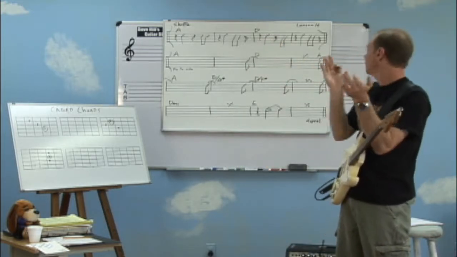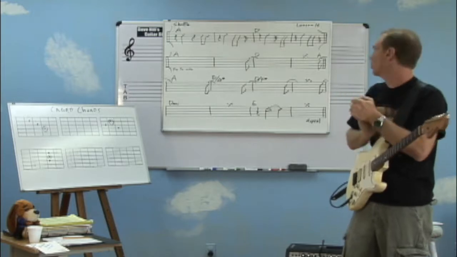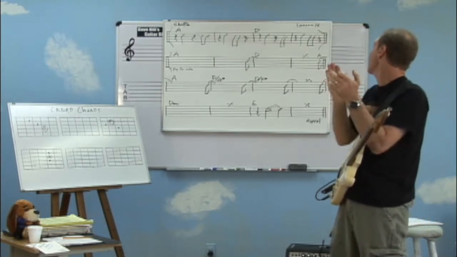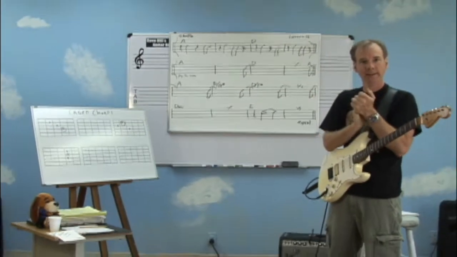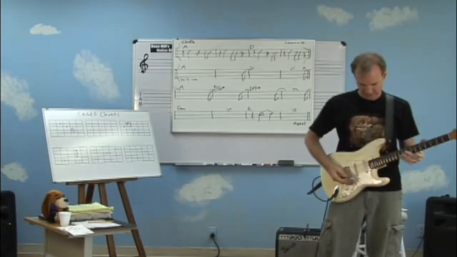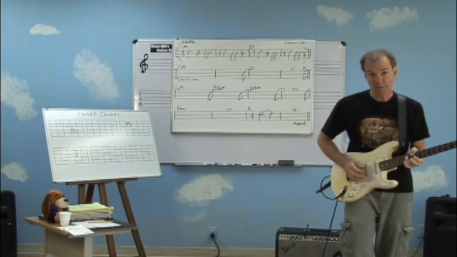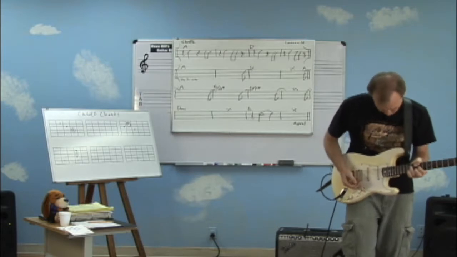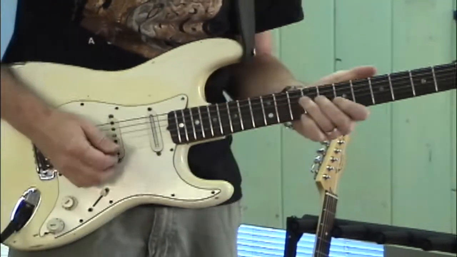1, 2, 3, 4, and 1, 2, 3, and 4. 1, 2, 3, and 4, and 1, 2, 3, and. So it's like a 2-bar phrase now. Okay, listen to this. Same melody now with a different rhythm. 1, 2, 3, 4, 1.